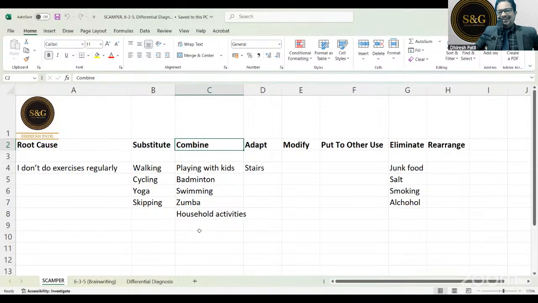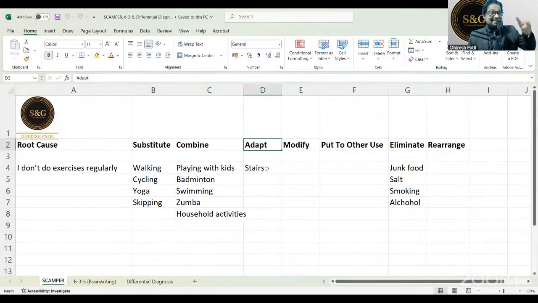These are combinations of activities. So काम भी हो रहा है घर का and your exercise is also happening. Zumba, so you're learning a dance form and the physical exercise is also happening. Swimming the same way, you're learning swimming and the physical exercise is also happening. You're mastering badminton, so this is combined.